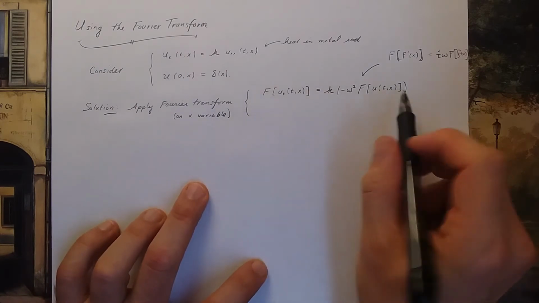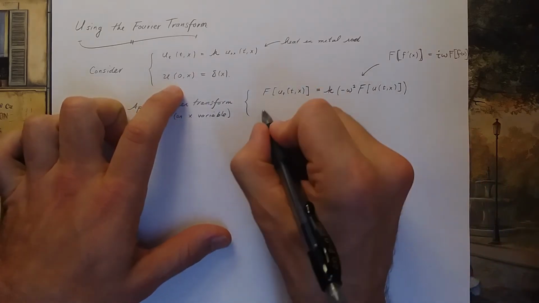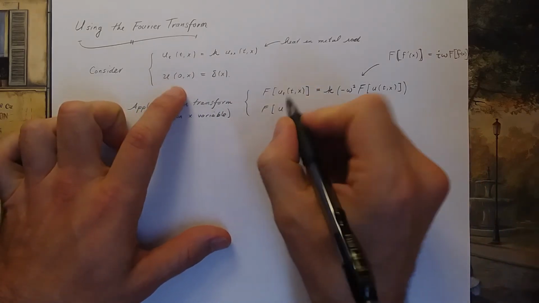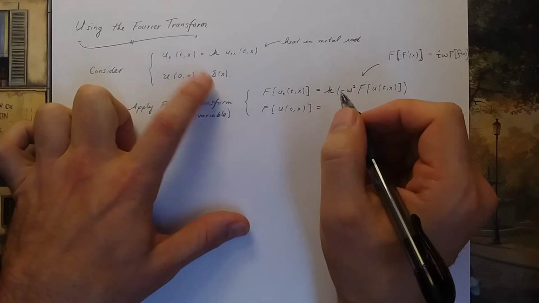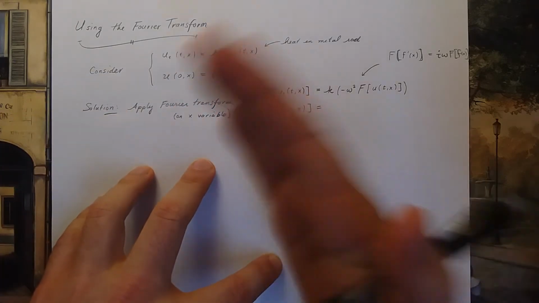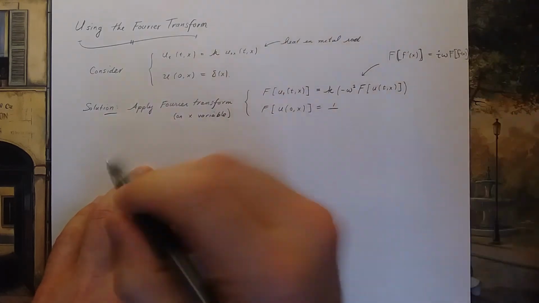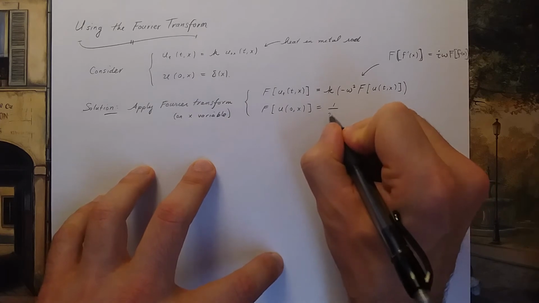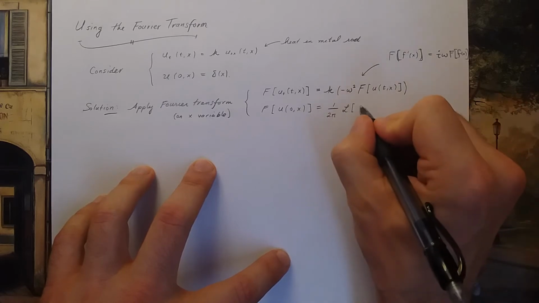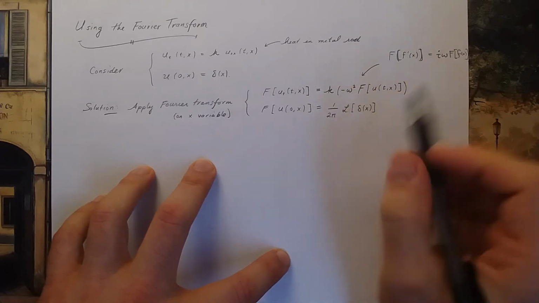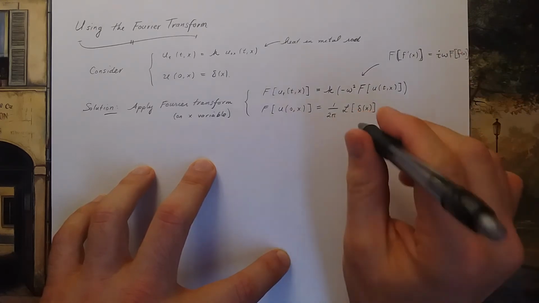Okay, well that's the first row. That's the Fourier transform of my partial differential equation. The Fourier transform of the next row, that'd be the Fourier transform of this initial condition. This will be the Fourier transform of the Dirac delta function. And since we already know the Laplace transform of the Dirac delta function, I'll use that property on the previous page that said this is 1 over 2 pi times the Laplace transform of the Dirac delta function, except I'm going to replace every s in the Laplace transform with i omega.